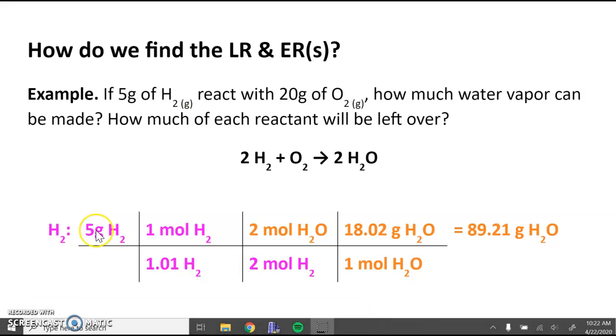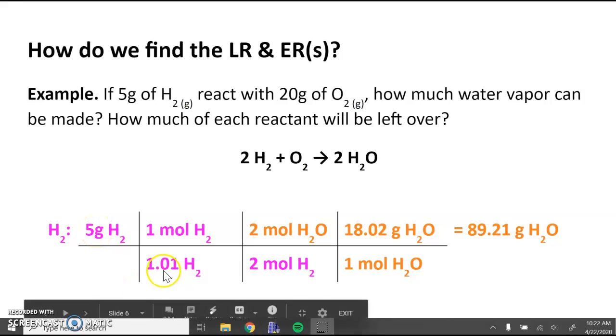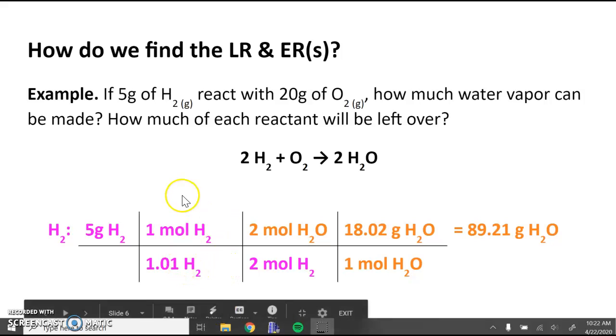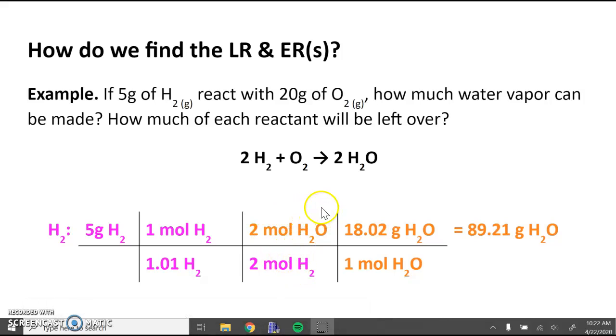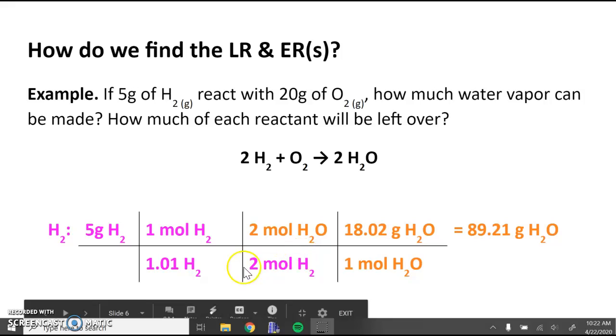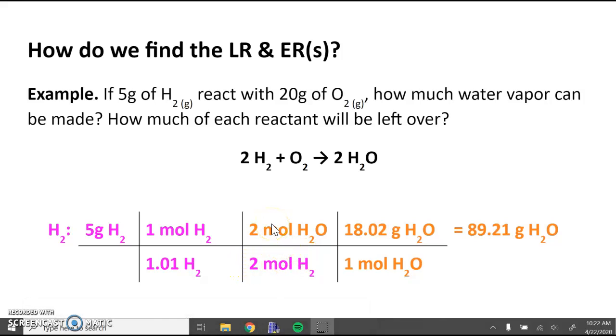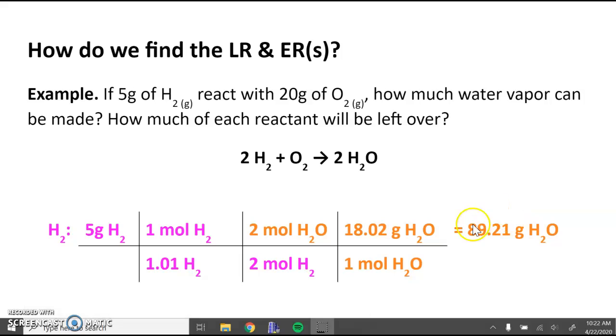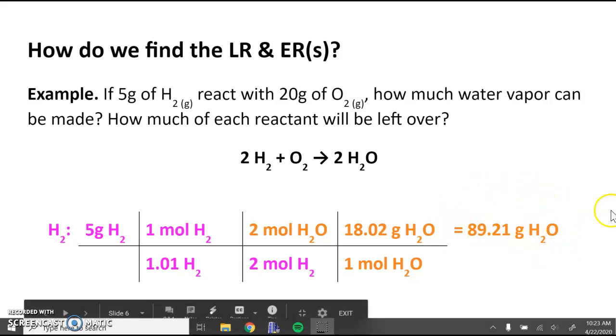So we use the mass and our mole-to-mole ratio to get to our molar equivalency. 2 moles of hydrogen makes 2 moles of water, and then 1 mole of water is 18 grams. So with the 5 grams of hydrogen, we can make 89 grams of water.